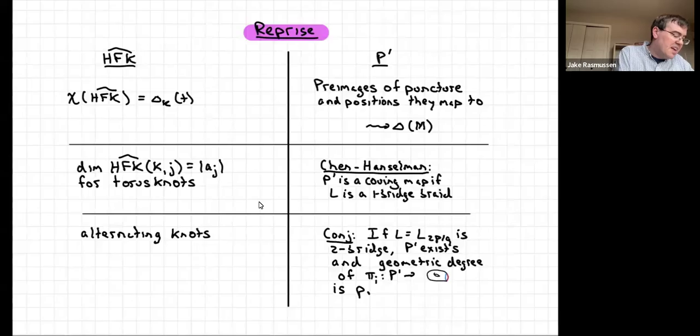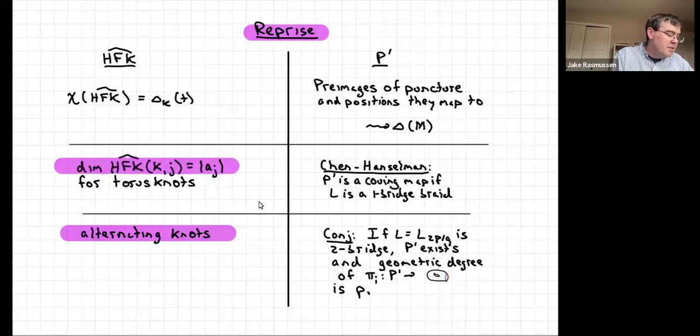Okay. And the last thing that I want to say, so for alternating knots, again, this fact that the dimension of the knot Floer homology is visible in the coefficients of the Alexander polynomial. Okay, and so what should be happening over here on this side?